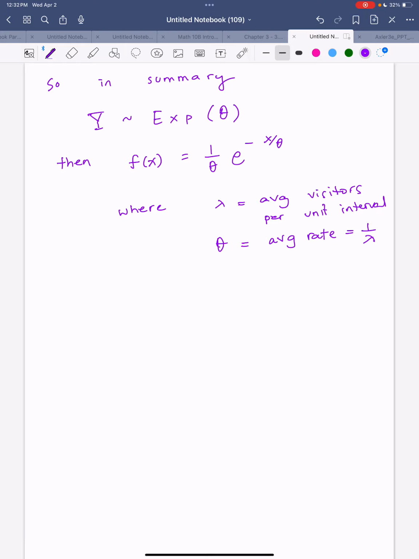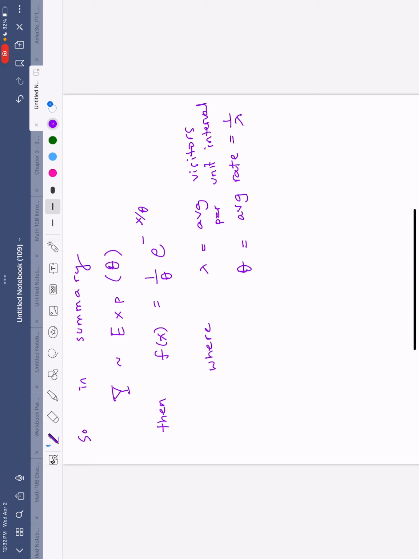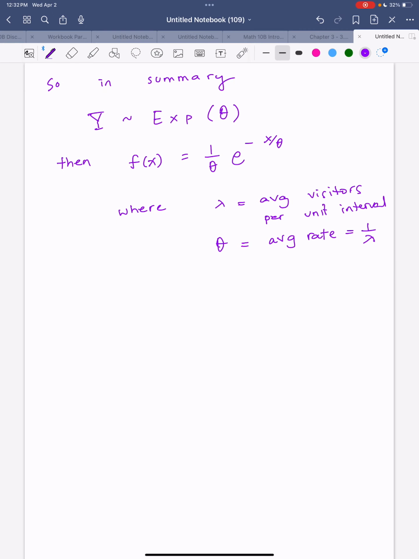So let's just finish this with some, I want to talk about, just to mention some properties of this exponential distribution.